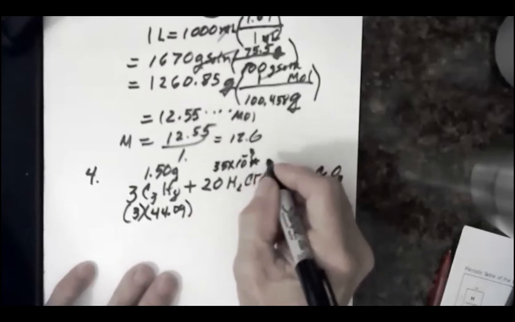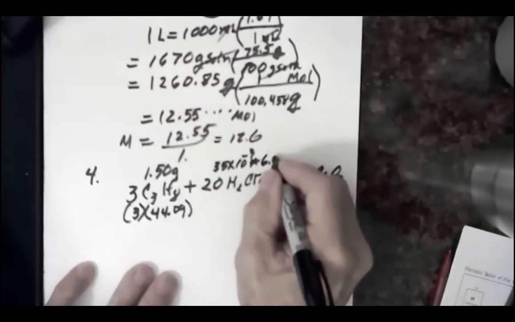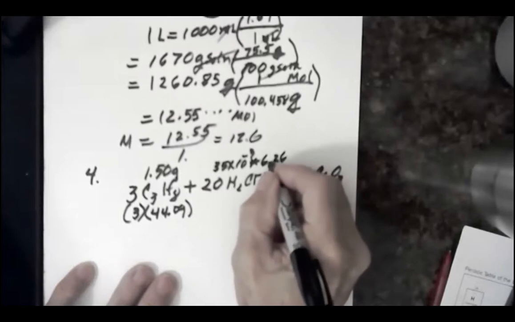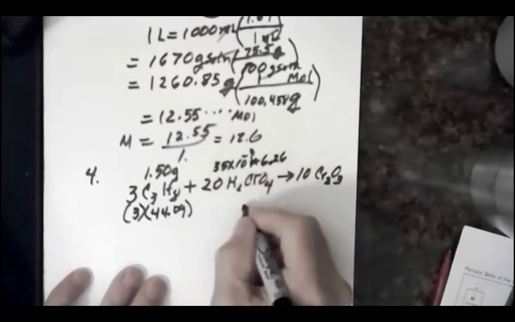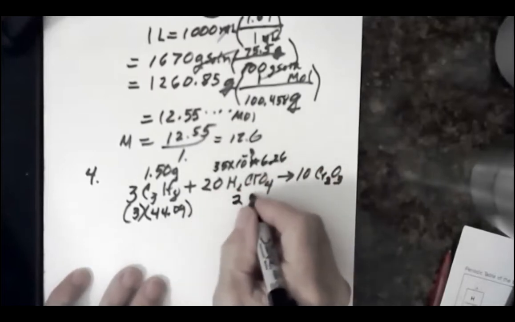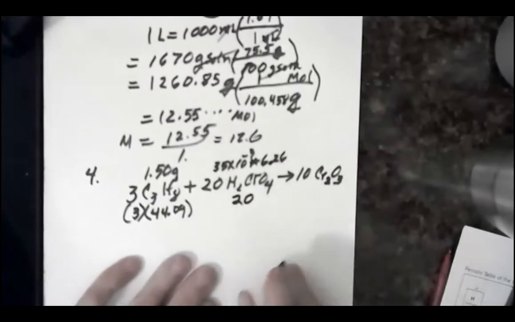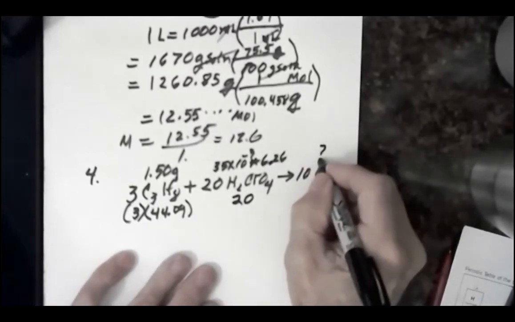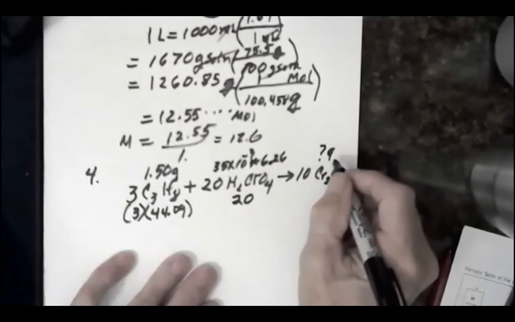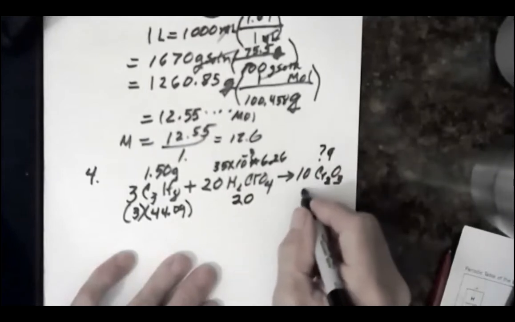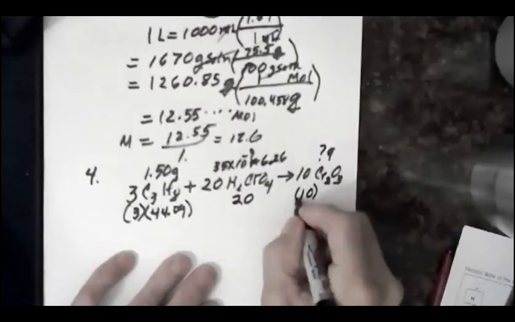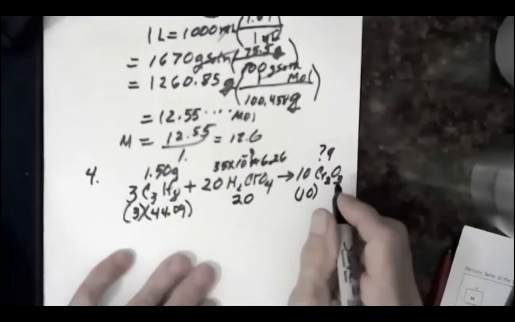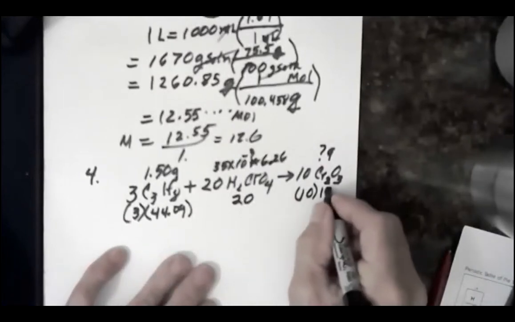Molarity was 6.26. That'll be moles. The equation is showing 20 moles. So I'll write that down here. Now it wants to know how many grams of this, what mass. Okay, the equation is showing 10 moles, and the mass of a mole from the equation was 152.